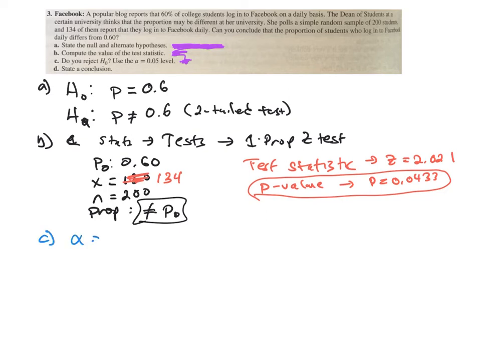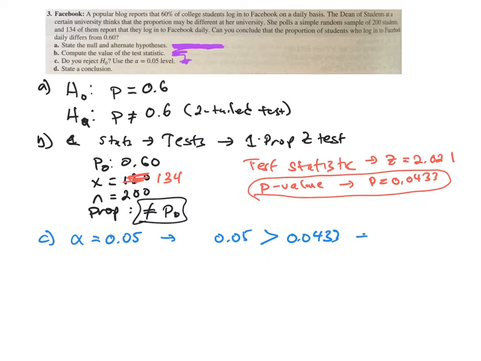So assuming a level of significance of 0.05, do we fail to reject the null hypothesis, or do we reject the null hypothesis? Okay, so my alpha is 0.05, my p-value is 0.0433, and my p-value is less than my alpha.